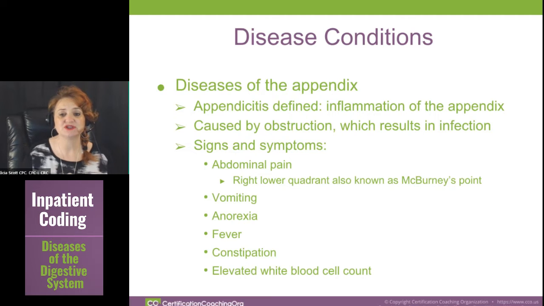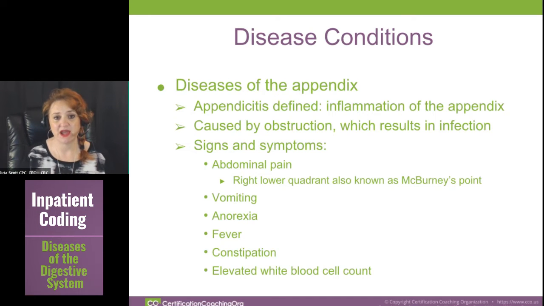Your appendix is actually located in the right lower quadrant of your abdomen, but you can have pain in other areas of the abdominal cavity, and then right before it gets really bad, it usually ends up moving to the right lower quadrant. And this is called McBurney's point, and you'll see that mentioned in documentation.